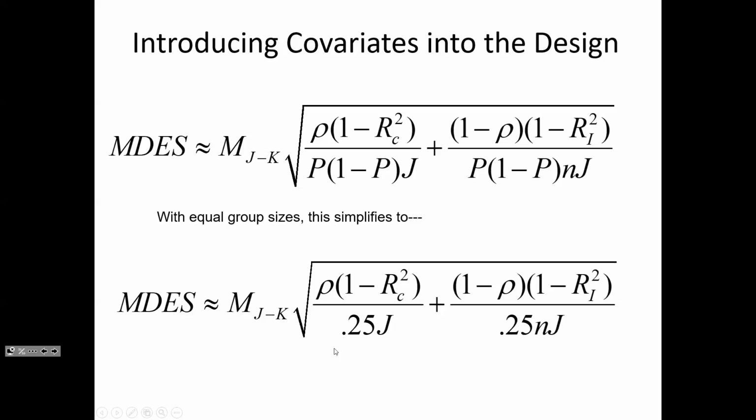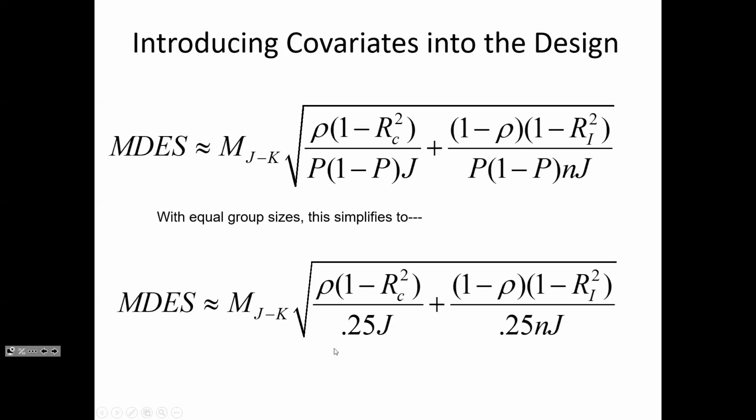This R squared C stands for R squared for the cluster, the proportion of variance in the outcome variable explained by the cluster level covariates. And R squared I is the proportion of variance explained by the individual covariates.